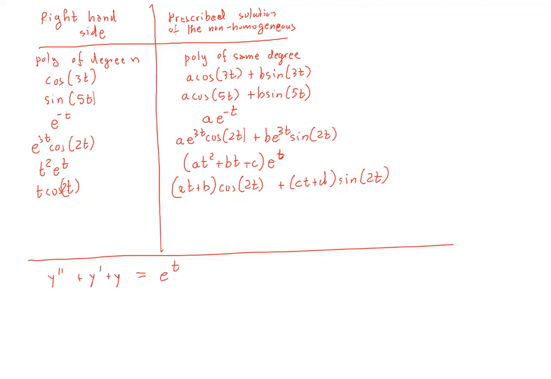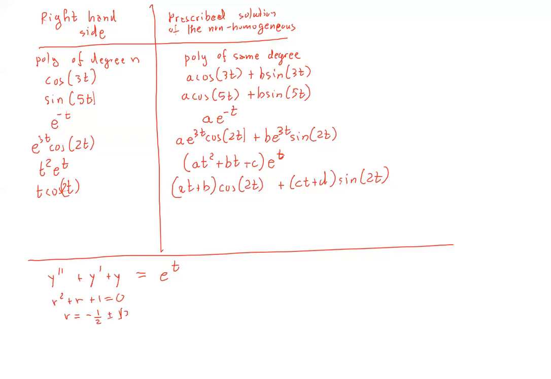So what is the auxiliary equation here of the homogeneous? R squared plus R plus 1 is equal to 0. The solutions are, we solved this on Friday. I mean, no matter how you cut it, it's an easy equation to solve.